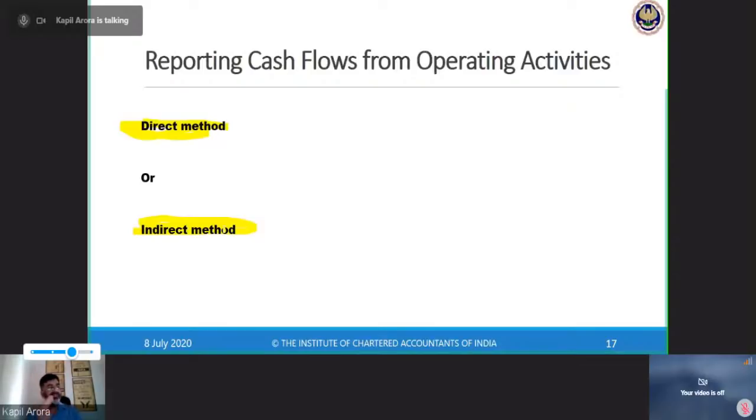It won't give you a different number. But since the indirect method is simple, many companies follow the indirect method only. It also gives us the confidence and helps relate the numbers to the balance sheet items. But for cash from investing activities and financing activities, we follow the direct method only.